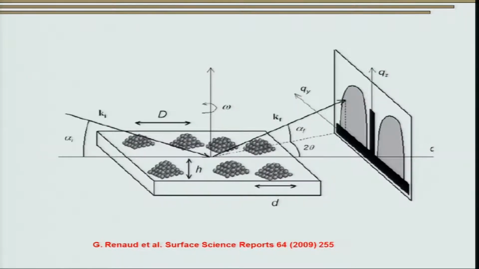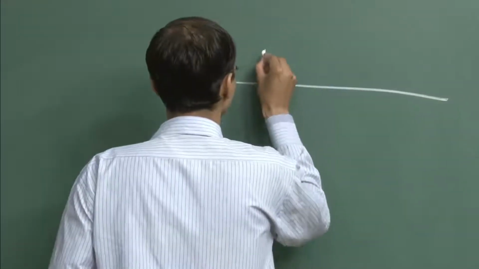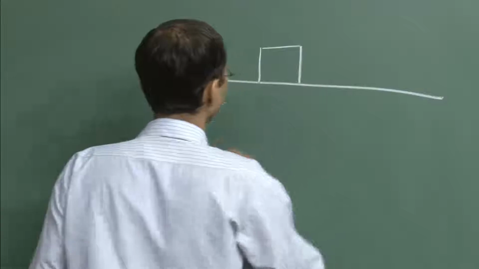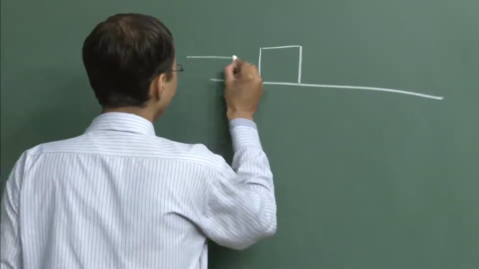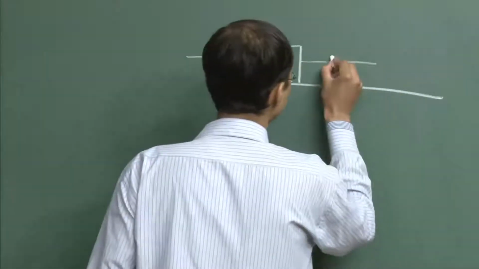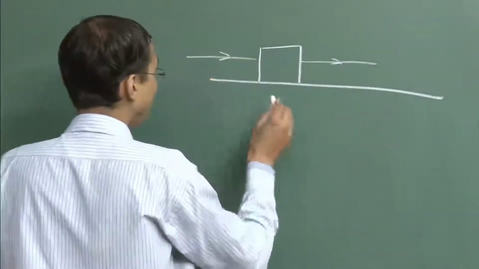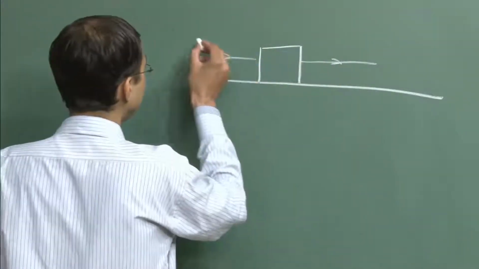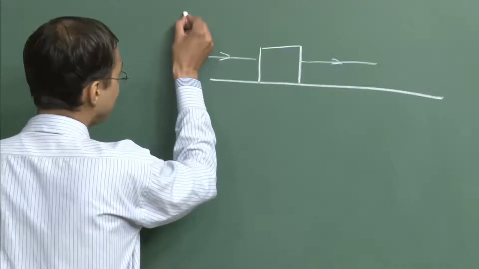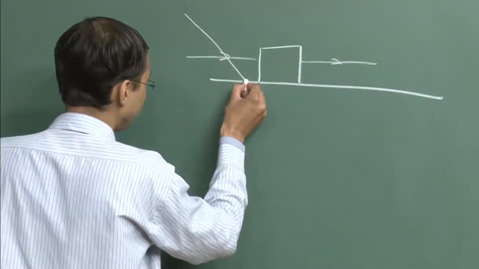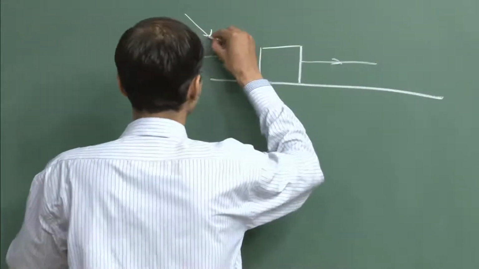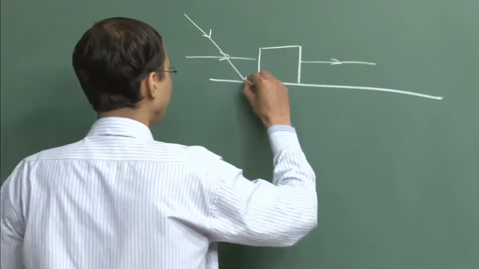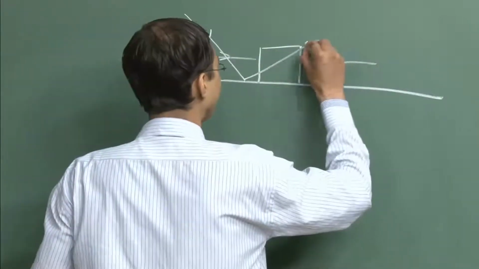So if we go to the surface and we have say something like a pillar over here, in the case of Born approximation, we know that there is only single scattering, while in this kind of a case that is not necessarily true. So we can have a situation where your incident X-ray first gets reflected from the substrate and then it gets scattered, right.